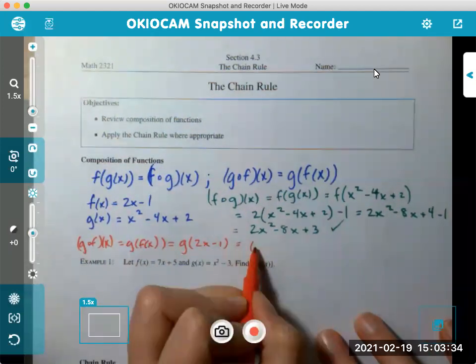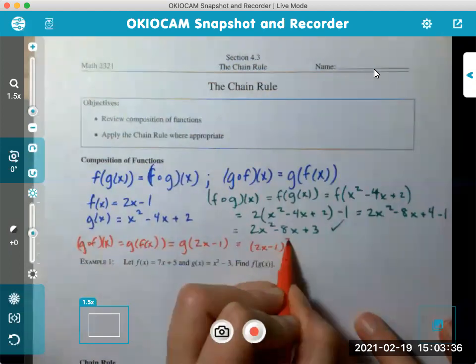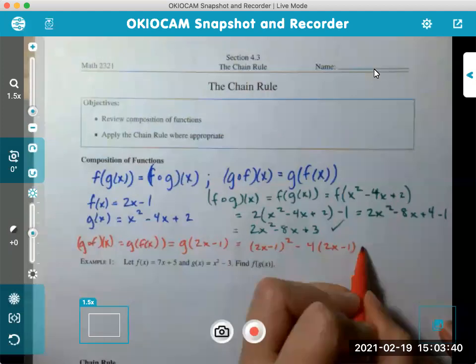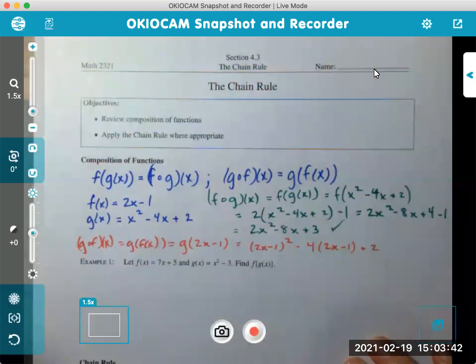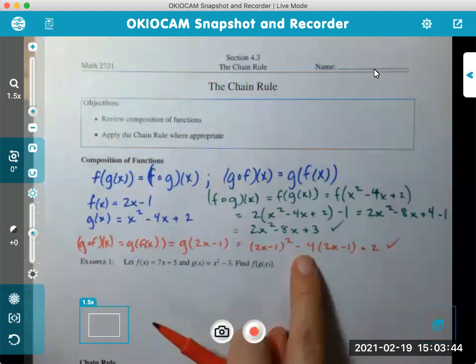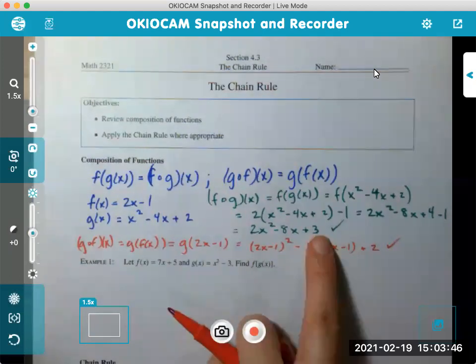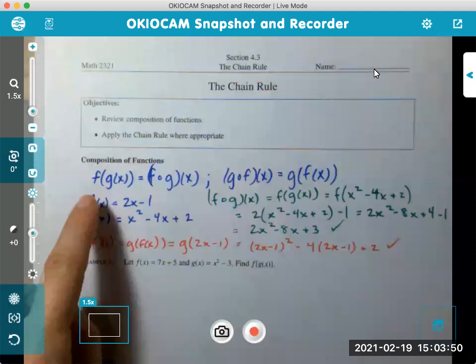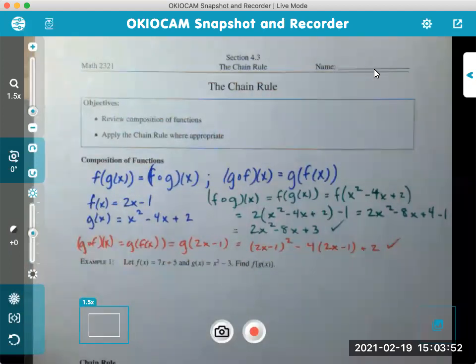So this is 2x minus 1, quantity squared, minus 4 times 2x minus 1 plus 2. And then, of course, we would simplify down, and that's what we would get. So even though we have the same two functions f and g, they actually give us two different functions. This is just a refresher reminder of composition of functions.